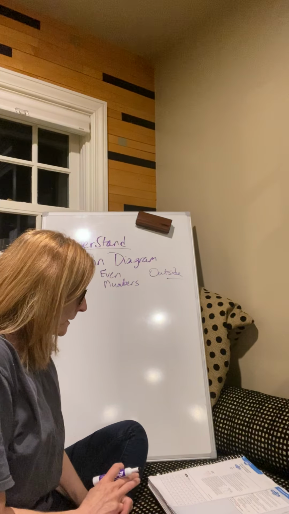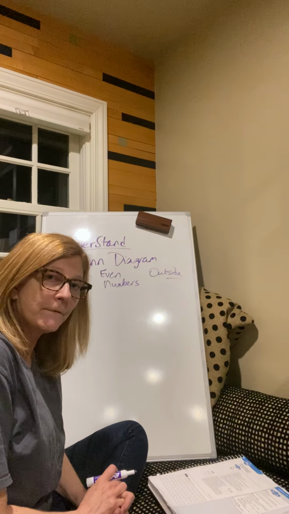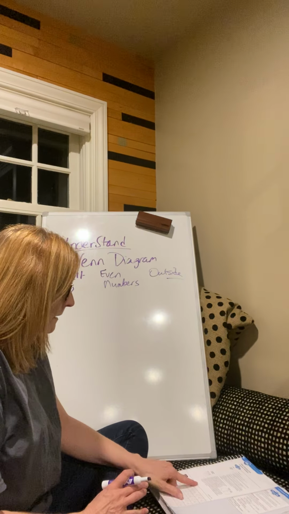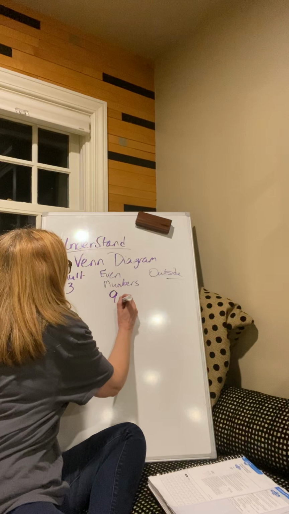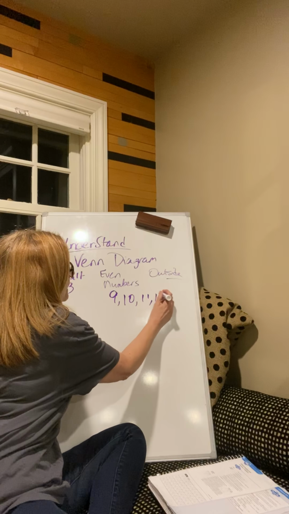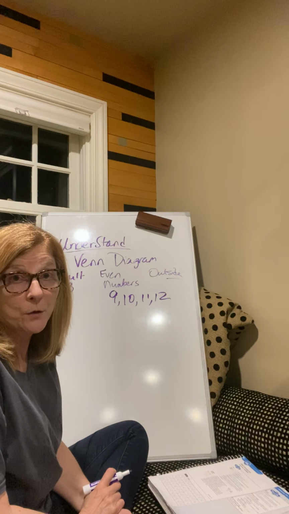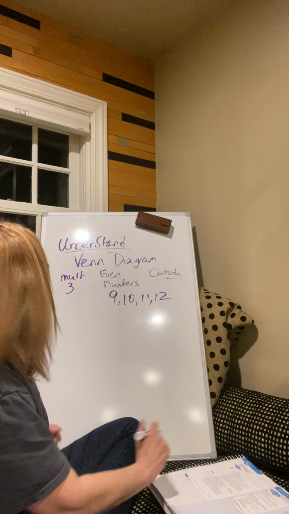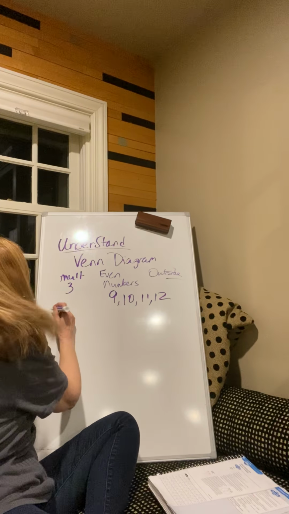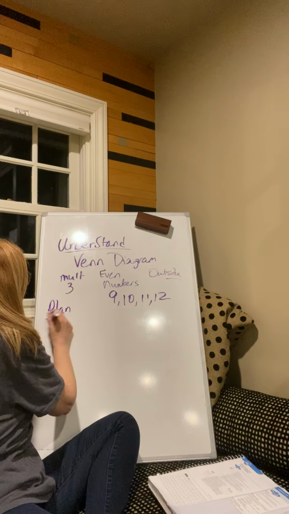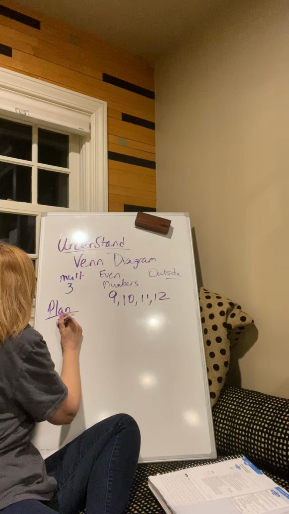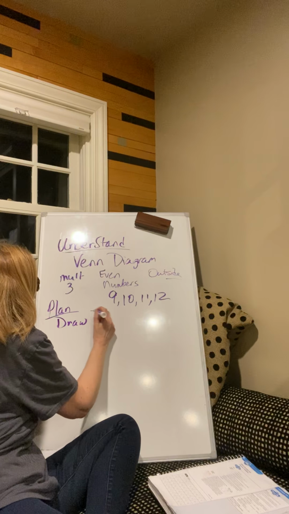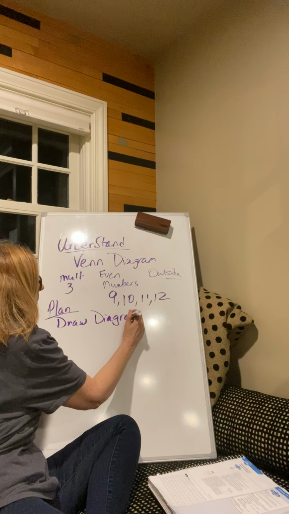So the problem wants us to copy that Venn diagram and then put in the numbers 9, 10, 11, and 12 where they go. Okay, so let's do that. We're going to do our plan, and our plan is draw a diagram because it tells us what they want you to do right away, right?